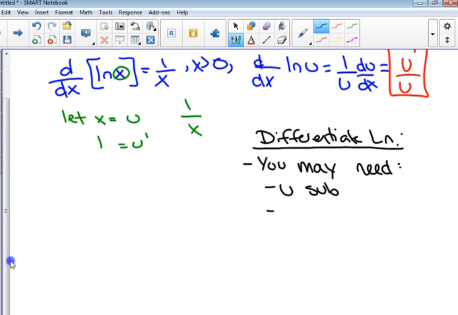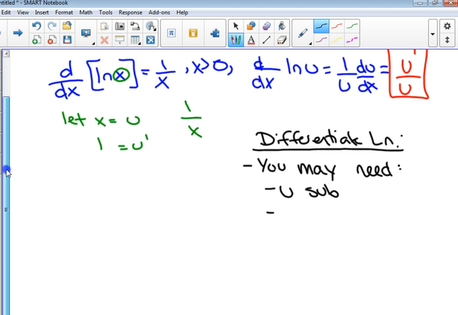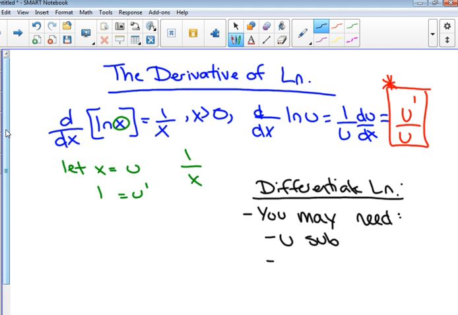Even though this is kind of a weird concept because you've only done u substitution when you're integrating, we could take that idea of whatever is with your ln and make that a u, like here, and I'm doing u prime over u. So that's what I mean by a u substitution.